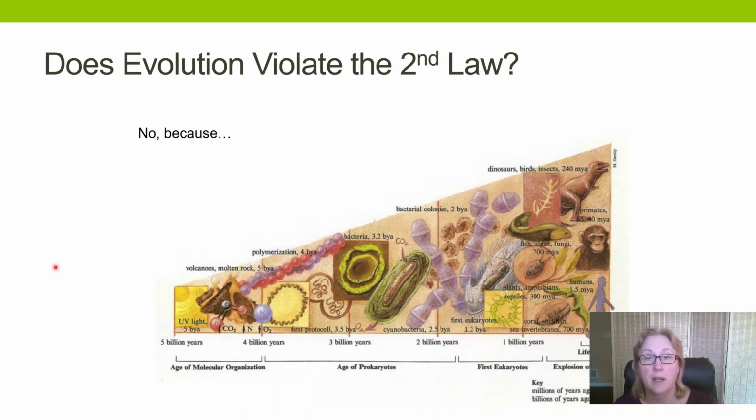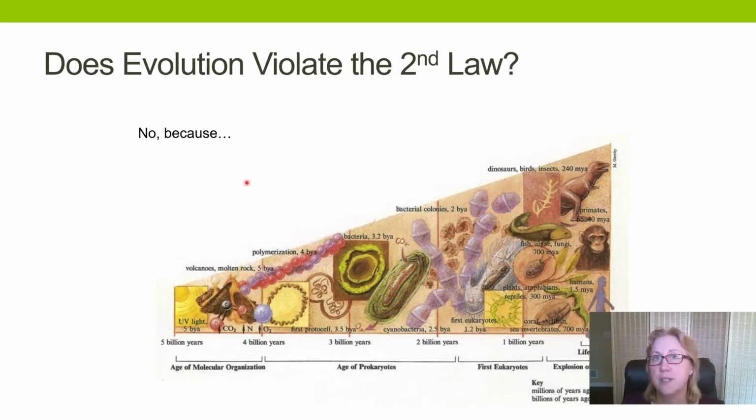So they say, well, during the history of life on Earth, we went from a lifeless planet to a planet that had single cells, to a planet that had orderly life forms, to the hugely complex array of life forms that we have today, which means that entropy on Earth has decreased. So doesn't that violate the second law?